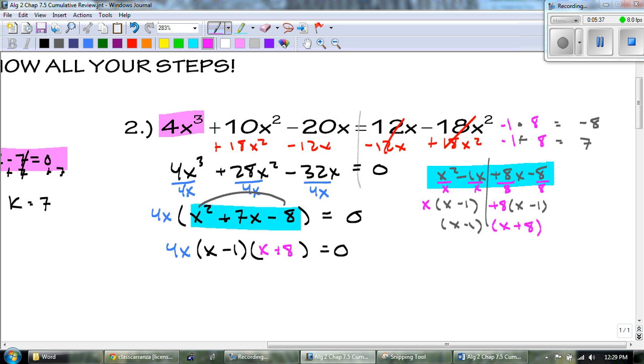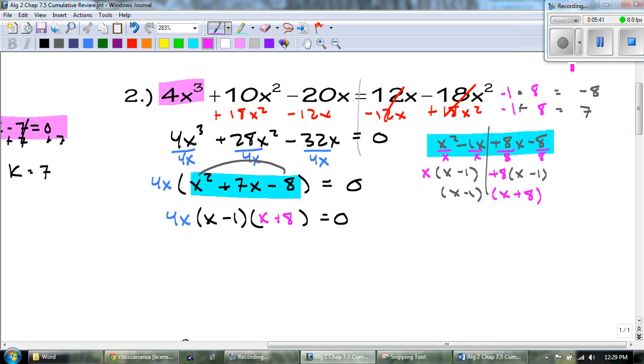Okay, so everything with a variable gets set equal to 0. So we have 4x equaling 0, x minus 1 equal to 0, and then x plus 8 equals 0. So our first one, we divide both sides by 4, we get x equals 0.